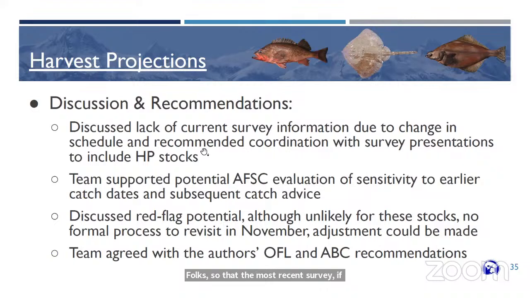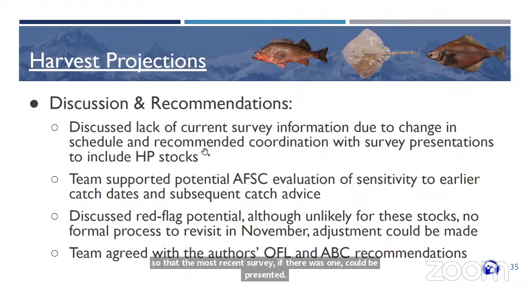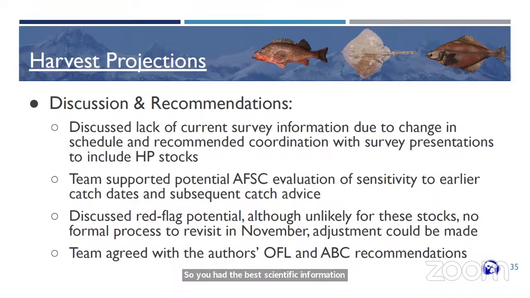So you had the best scientific information available to make these decisions. If you saw a survey drop through the floor, perhaps that would be something you'd be concerned about. That might initiate maybe an update or at least a discussion on what to do for November. That wasn't just a harvest projection.